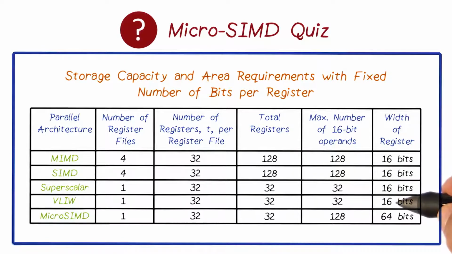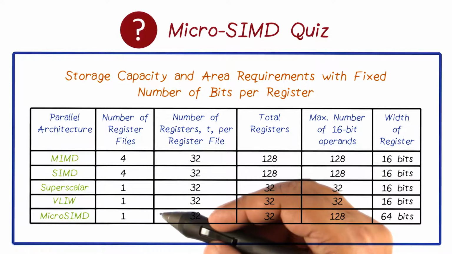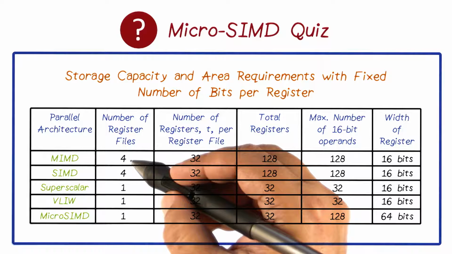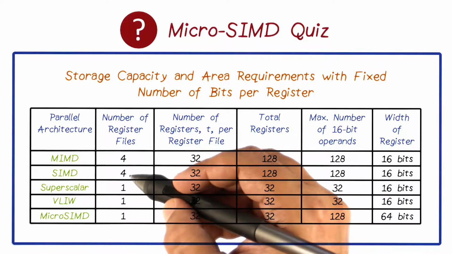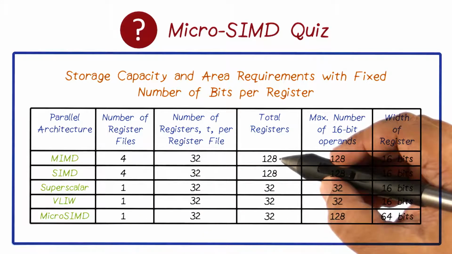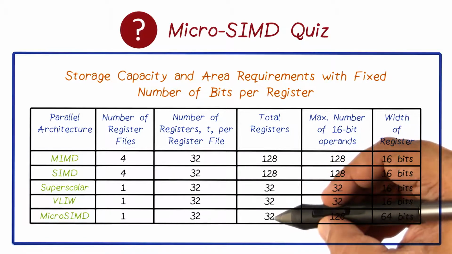And in case of micro-SIMD, because we are going to have those 4 subword operands, we have the width as 64-bit. Now, with these restrictions, in order to support a parallelism of 4, we are going to need the number of register files as 4 in MIMD, also 4 in SIMD, and the rest of them are going to have 1 register file. The total number of registers is going to be 128 for both MIMD and SIMD because of the 4 register files, whereas they are going to be 32 for other configurations.